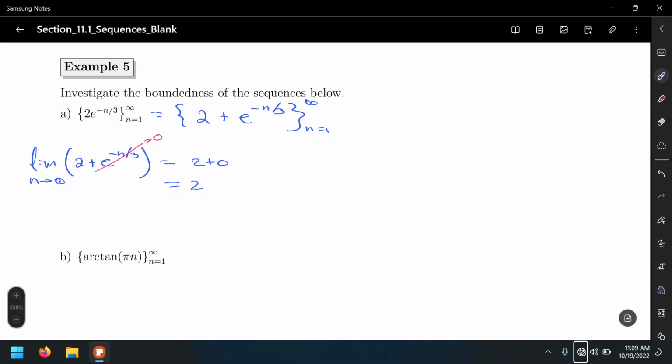But in this case, we need to determine whether this limit is an upper bound or a lower bound. That doesn't tell us anything about it. So we would have to look at the graph of the related function, f of x equals 2 plus e to the negative x over 3.